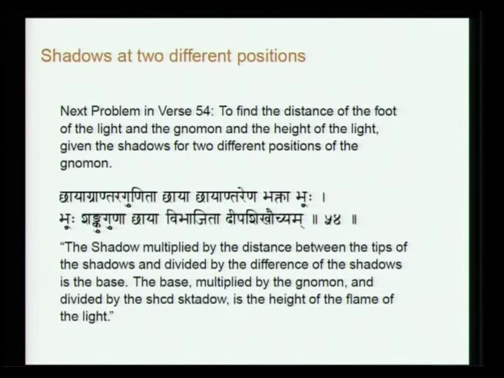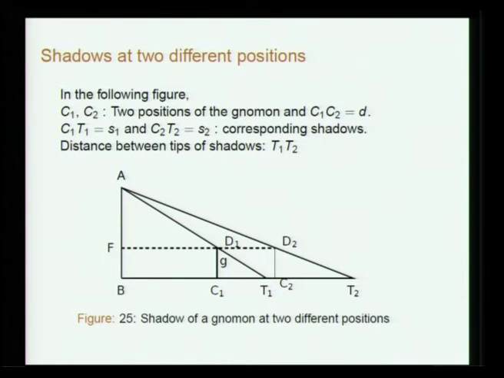And then he discusses shadow at two different positions. Essentially you have the same gnomon. C1 D1 and C2 D2 are the same, except they are placed at different positions with respect to this light source AB. When it is here, the shadow is C1 T1, and when it is here, the shadow is C2 T2.